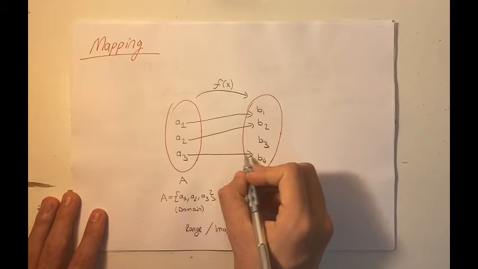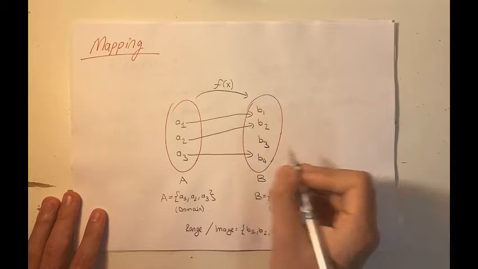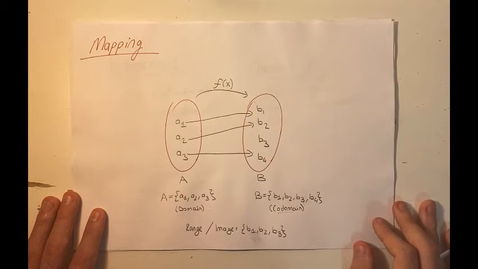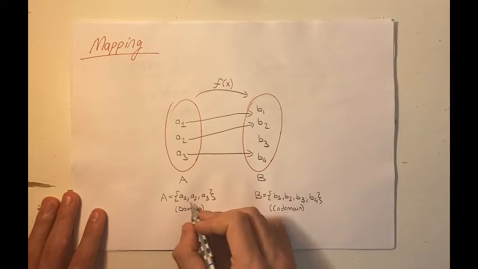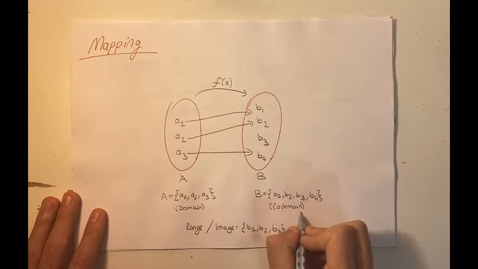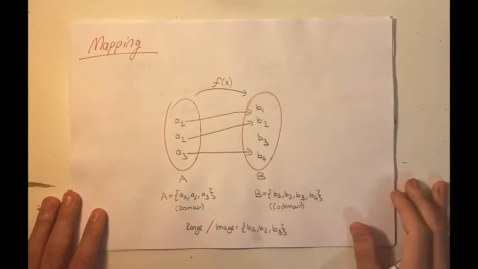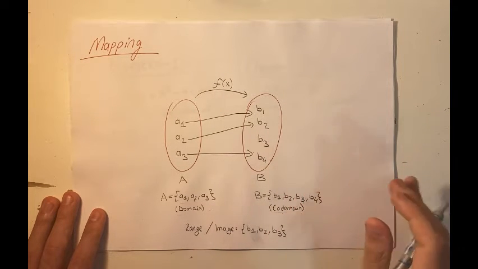Where the arrow starts is considered the domain part, and where the arrow finishes, the result of it, is the codomain. In set A, the elements are the domain, as you can see, written here A1, A2, A3, and the codomains are B1, B2, B3, B4. But the problem is all of the codomain is not mapped.